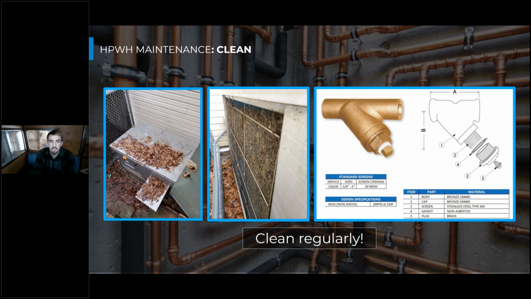So if this is plugged, some symptoms you might see are a lack of water flow altogether, which would cause your heat pump to alarm out, or water temperatures that actually exceed the set point that you've set the heat pump for.